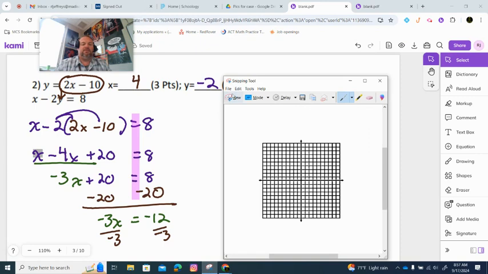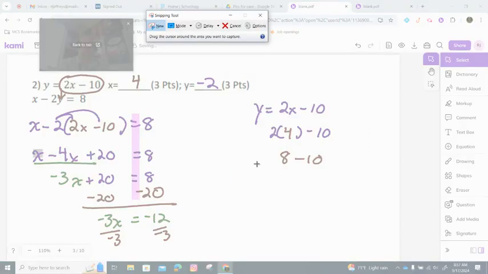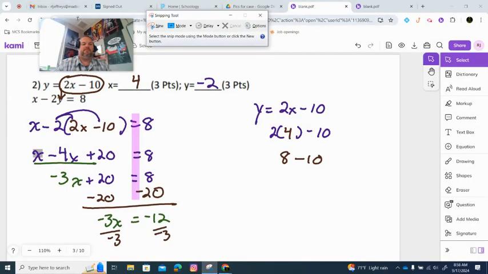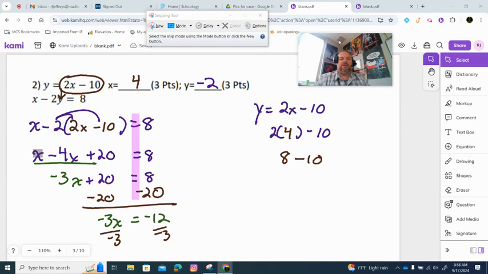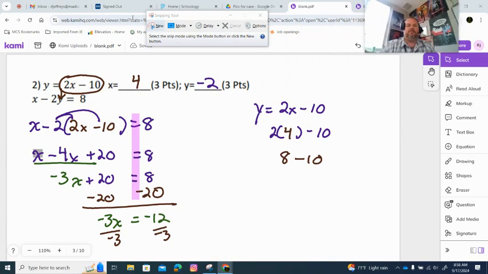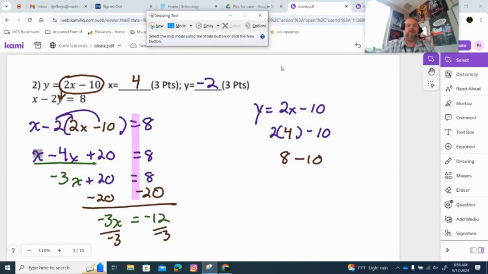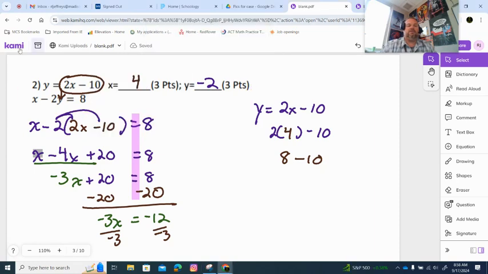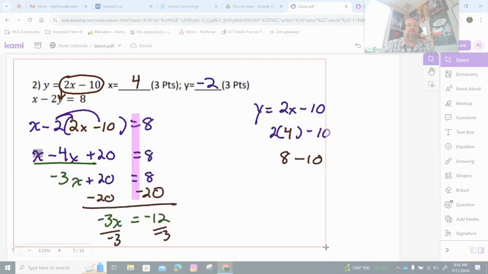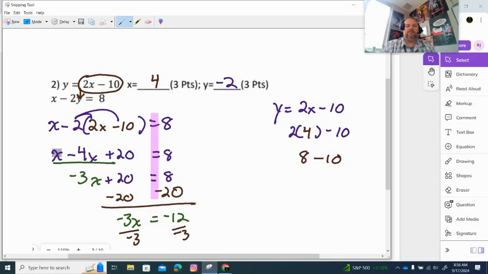For number two, I could definitely grab all this and put myself over here, if I can finally grab all this and put it over.